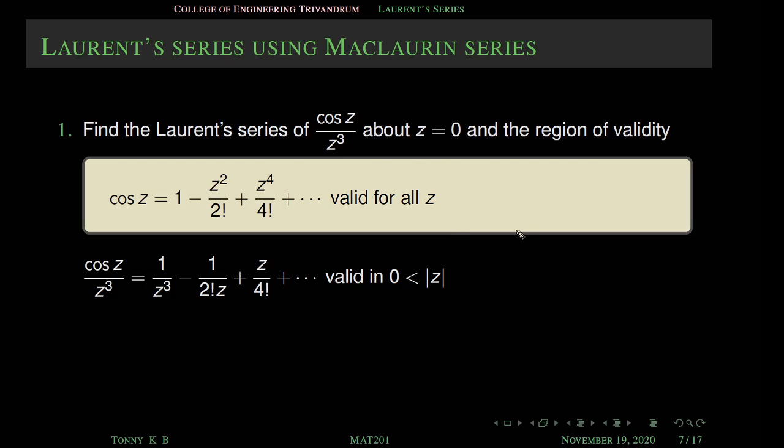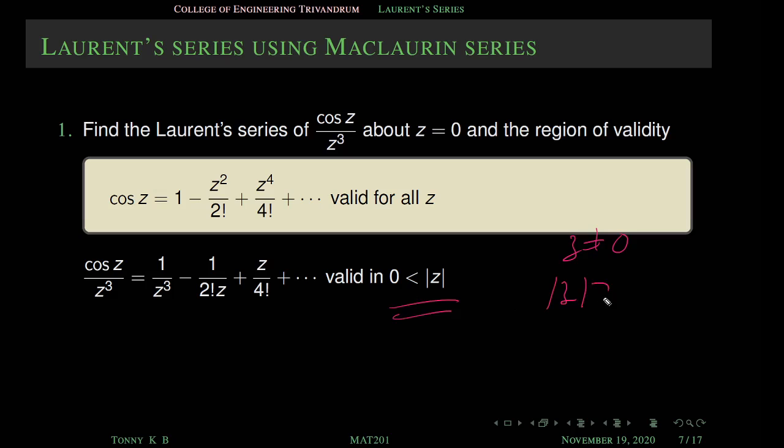This is valid in all complex numbers except z equal to 0. Right? This is valid for all complex numbers except z equal to 0. It is clear that when z equal to 0, this is not defined. So this is same as mod z is greater than 0.